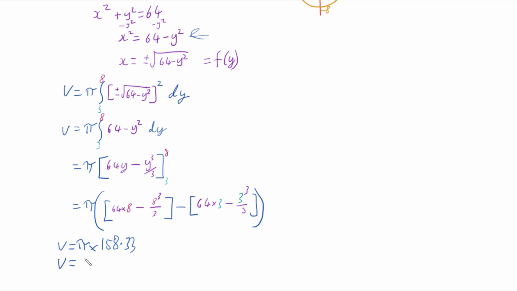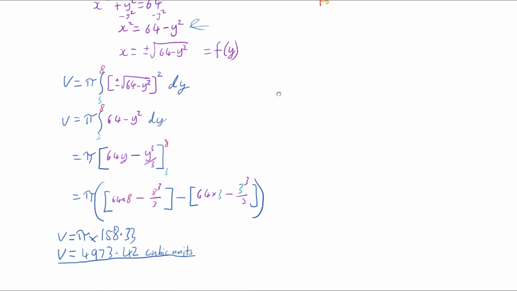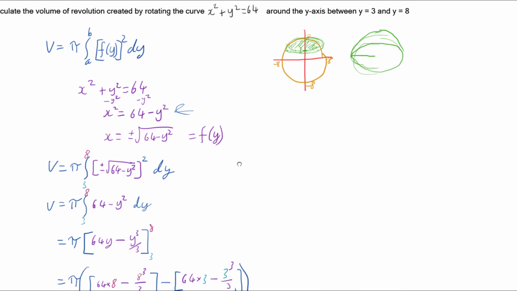And that tells us that our volume is 4,973.42 cubic units. And we've got to write cubic units because it's a volume, but we don't know what our units are. So the volume of our little bowl here is almost 5,000 cubic units, whatever that happens to be.